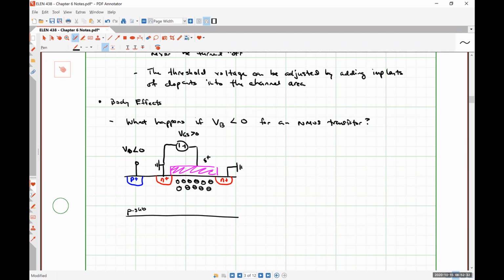So our gate, the charge accumulated on the polysilicon gate is pushing holes away from the channel. And our P plus node there, if we put a negative potential on it, it's going to start drawing holes away.